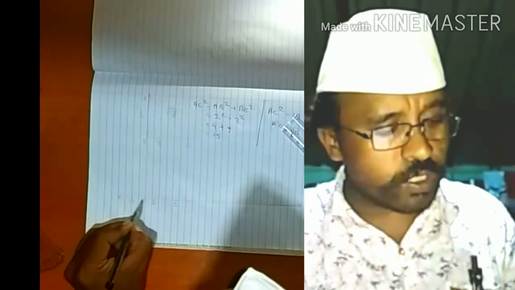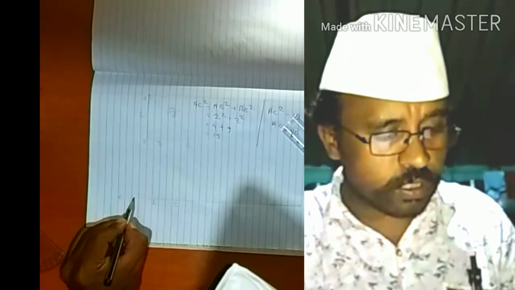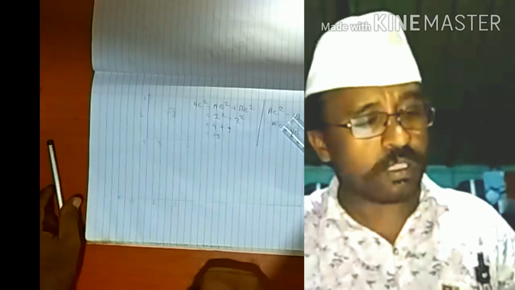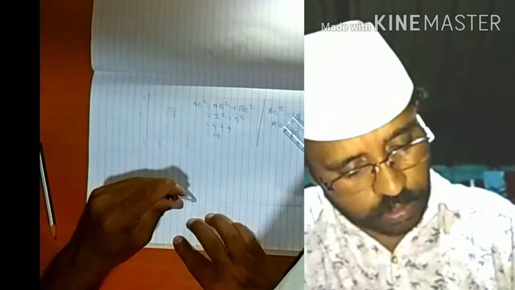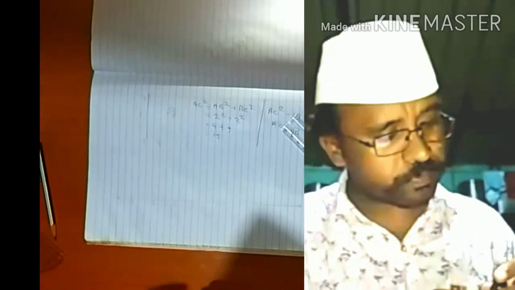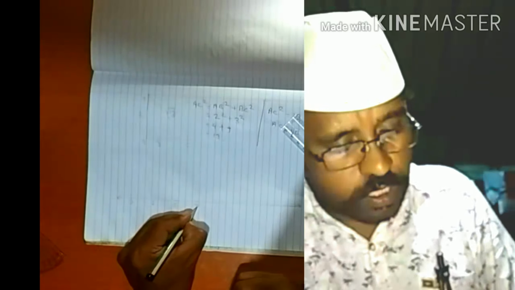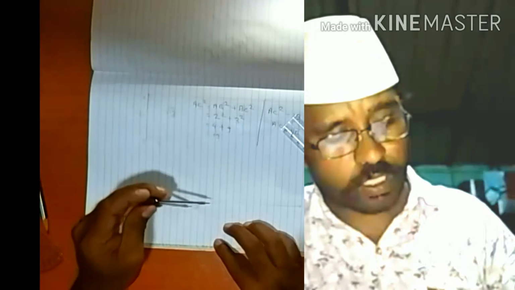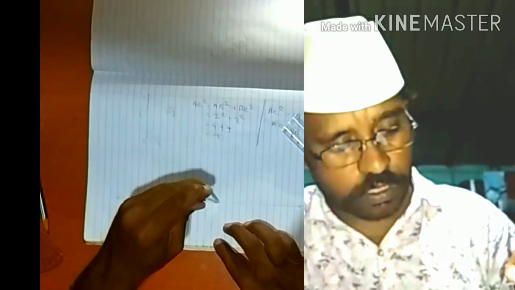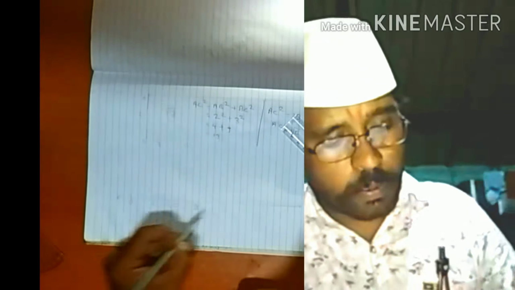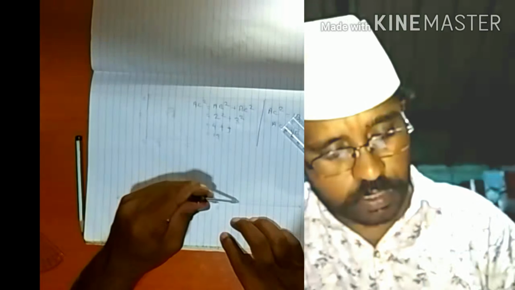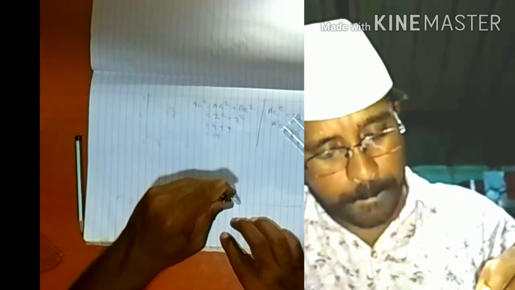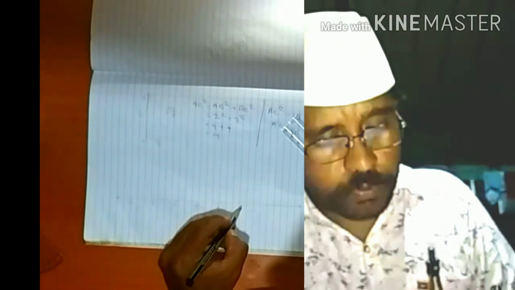So this 1 is 1 unit away from 0 and this 2 is 2 units away from 0. Similarly, we have to show remaining numbers also. Suppose this one 3 units away from 0, this one 4 units away, this one 5 units away. Got it?